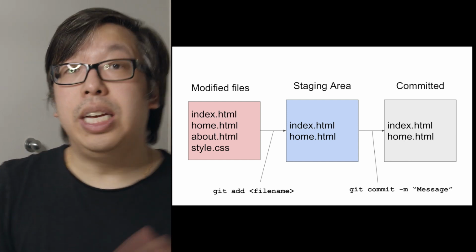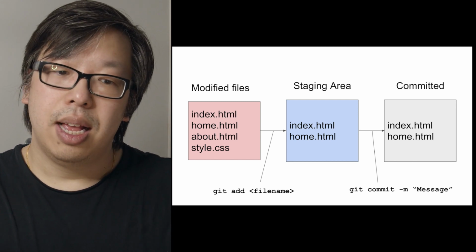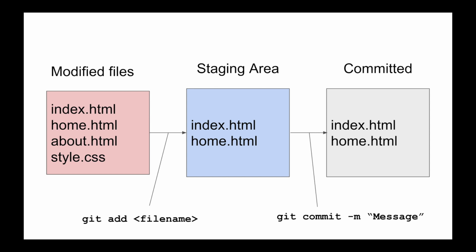So these are the commands to do that. You make some changes, then for the files that you want to add to the staging area, you do git add and then the file name. So git add index.html, git add home.html. And then when you're ready to commit that snapshot of all the files that are in the staging area, you do git commit and then -m, which stands for message.